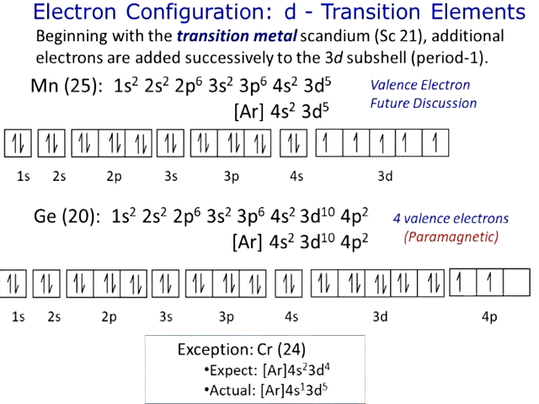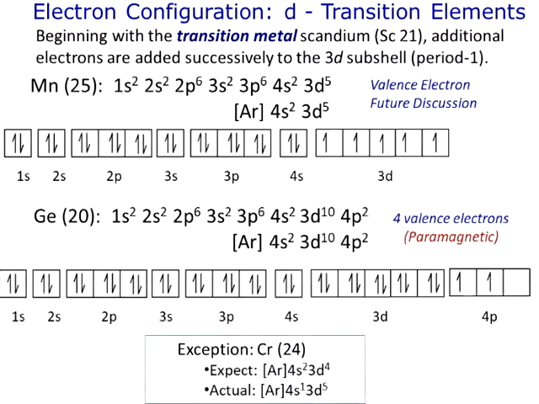We fill the entire 3d with 10 electrons, and then we move into the 4p, which has 3 degenerate orbitals available for populating with electrons. We only need to populate 2 of those. However, we notice that they are unpaired. Therefore, it is paramagnetic. But it has a total of 4 valence electrons.